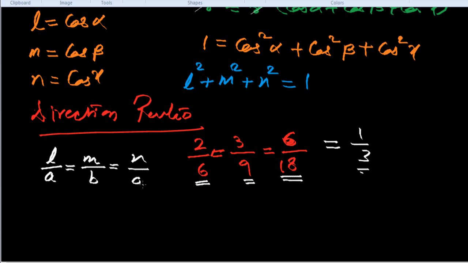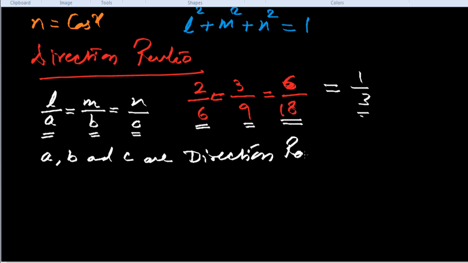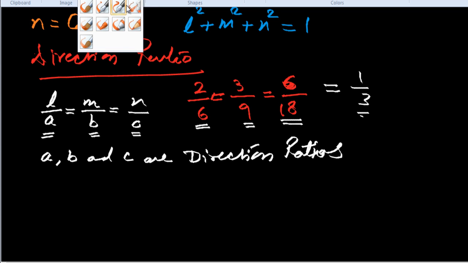So a, b, c are called direction ratios. Now by the law of ratio and proportion, we get one more thing out of this.